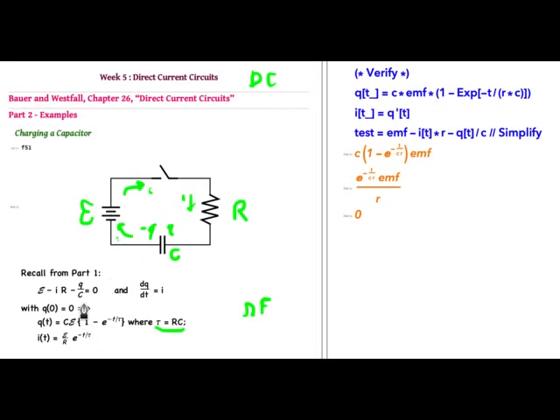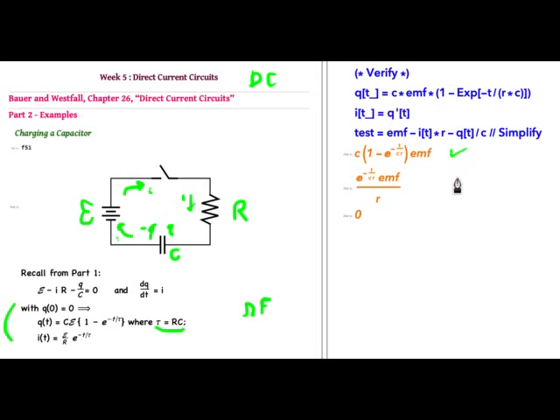We can verify that this solves the equations. Well, we went over the solution in part 1, but we could verify it with a little computer program, using Wolfram Mathematica. Q is C times E, 1 minus the exponential of minus t over tau, tau is RC, I is Q prime of t.